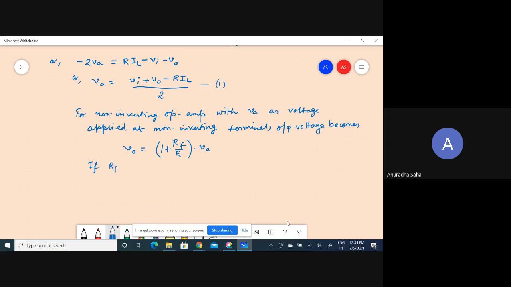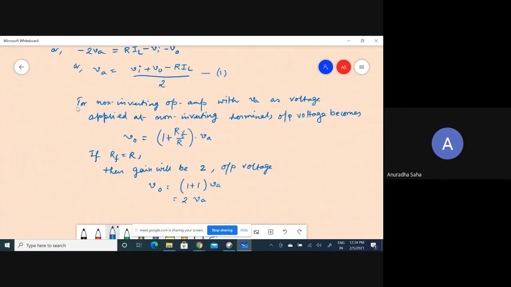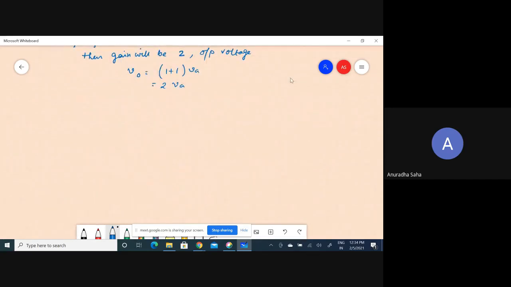If I consider that RF equal to R, then I can say that the gain will be 2, and the output voltage VO will be how much? 1 plus 1 into VA, because RF by R, that means 1 plus 1, that means twice VA. Now from equation 1 we substitute VA.